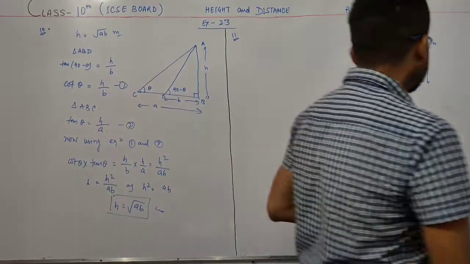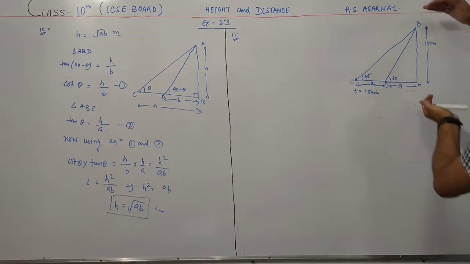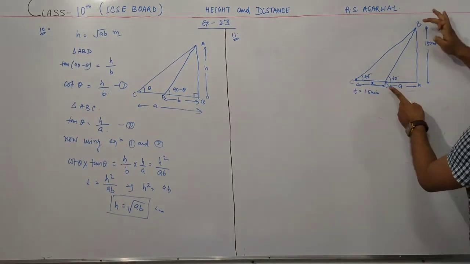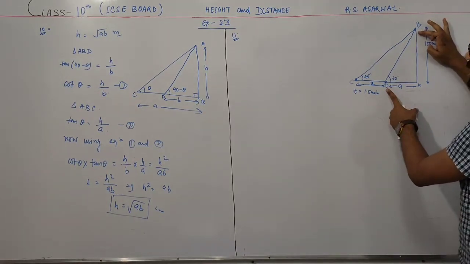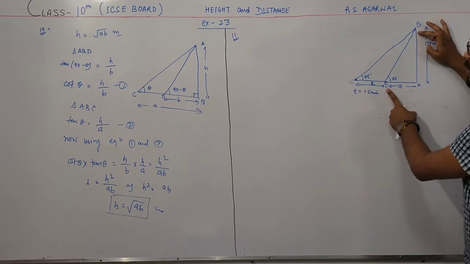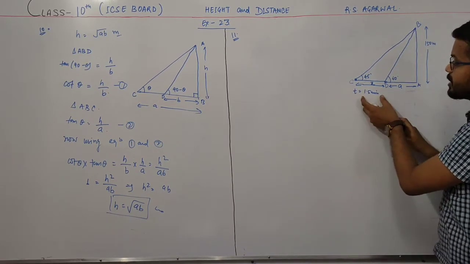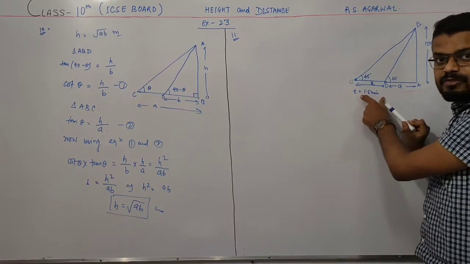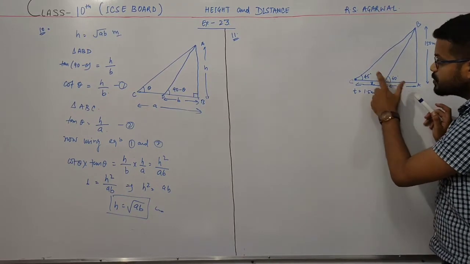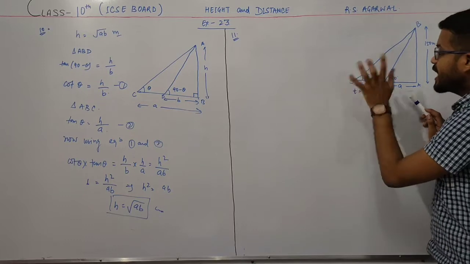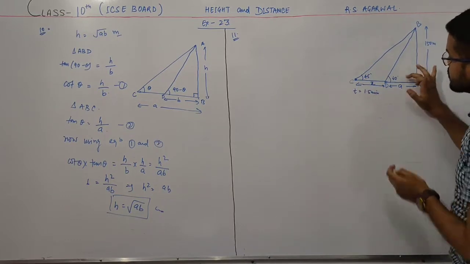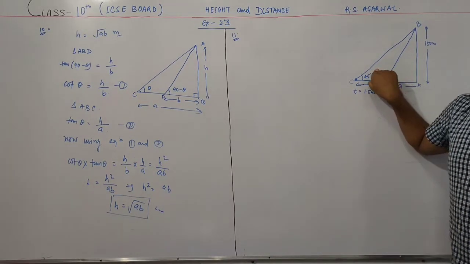How do we proceed? In the question this is the height and this is the angle of elevation at the start, 60 degrees. Now the boat takes 1.5 minutes to go from this point to this point, and the angle of elevation changes from 60 degrees to 45 degrees.